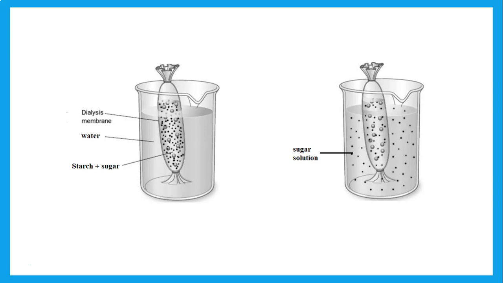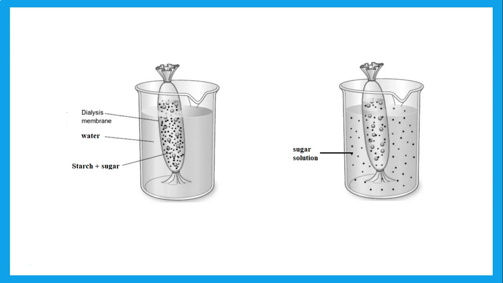Is this diffusion or osmosis? If we're talking about movement of the sugar molecules out of the tubing, this is diffusion, not osmosis. Osmosis is when we say the water moved into the tubing so that the tubing became larger, for example, or swelled up.